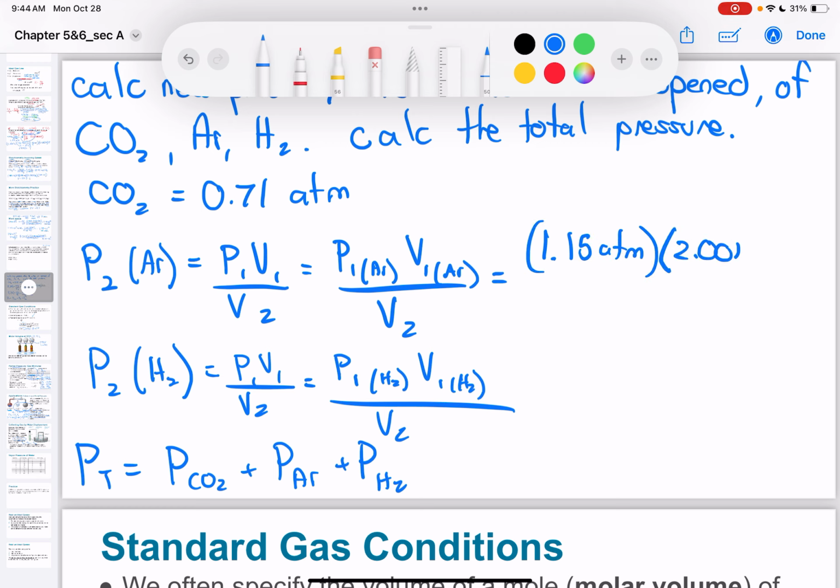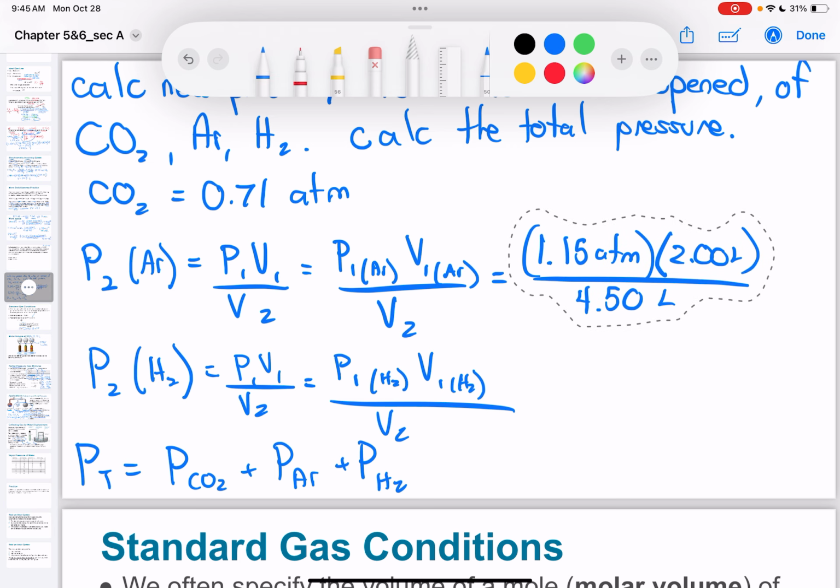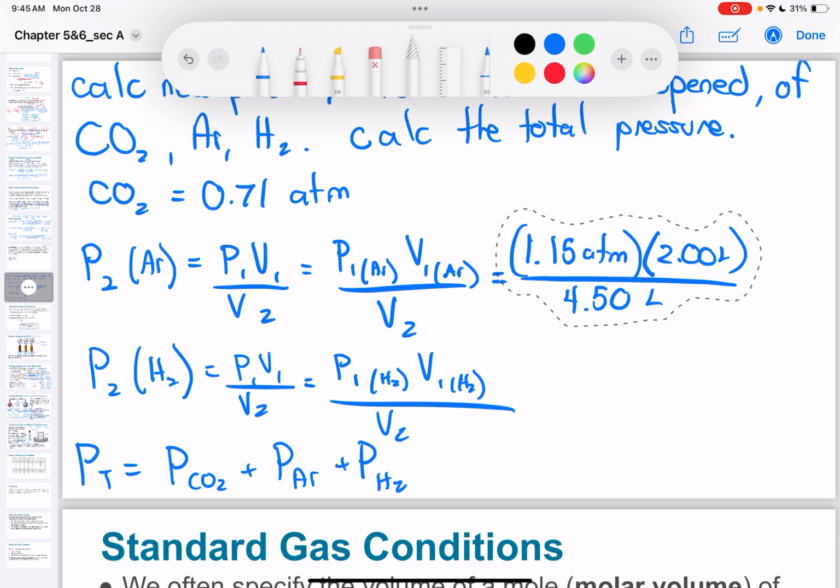And like we said, the total volume is the same for all of these, 4.5 liters. So this one is 0.51 atmospheres.